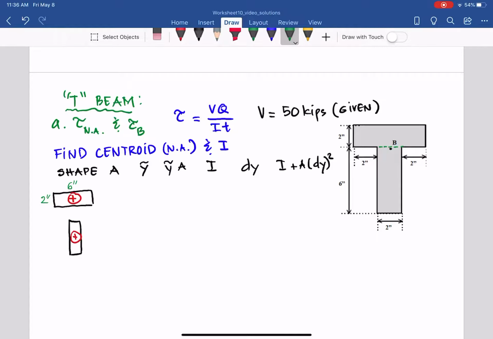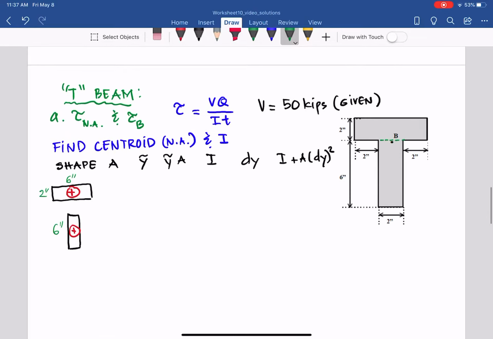The vertical portion, basically this is the portion I'm talking about, is 6 for the height, and the thickness, basically the width, is 2 inches. So we have two shapes. Go ahead and find the areas. Area of the rectangle is 12 square inches. This one is also 12, the same.